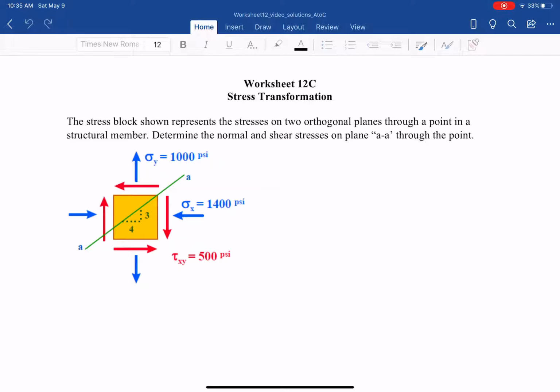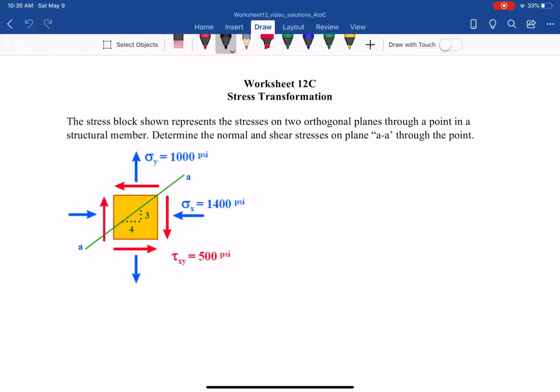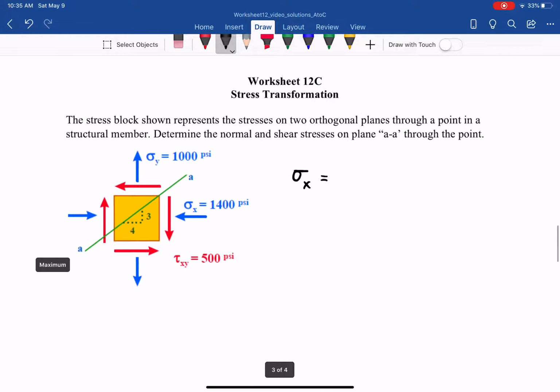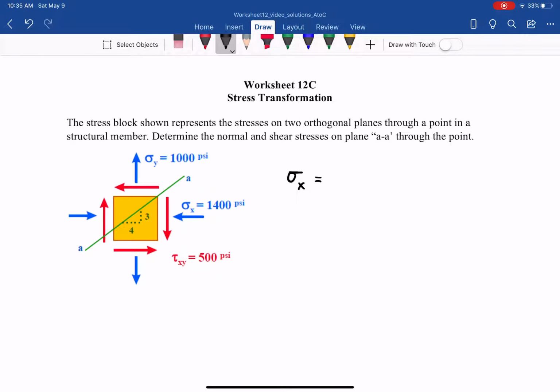So with that stress block, what is given, and we want to figure out. As you can see, sigma x is in compression, they make the yellow block compress. So that's why it's negative.